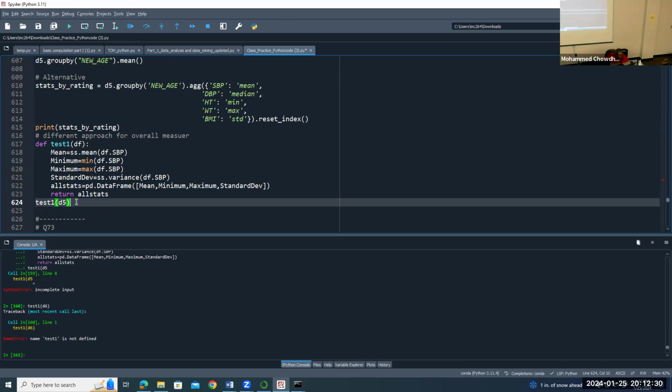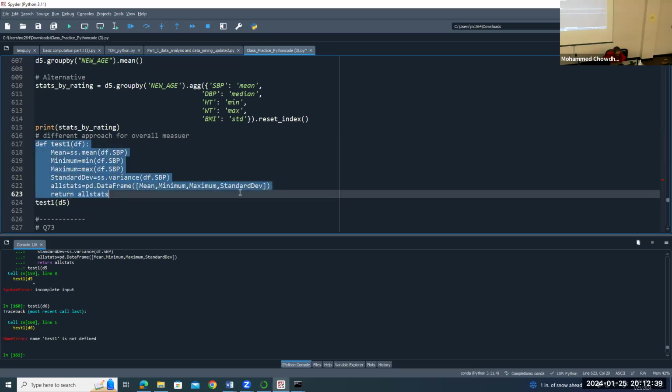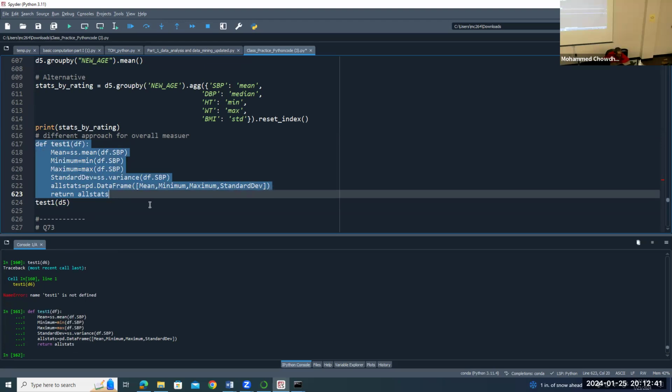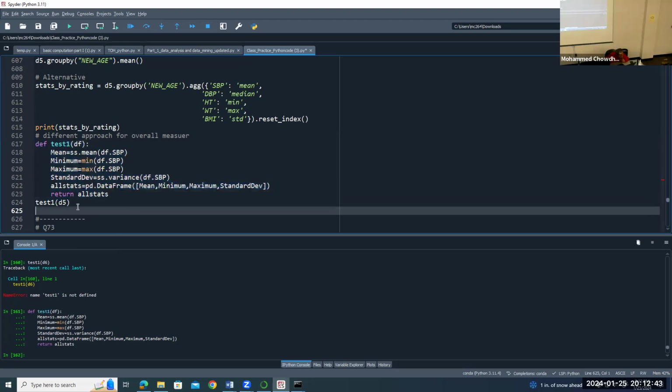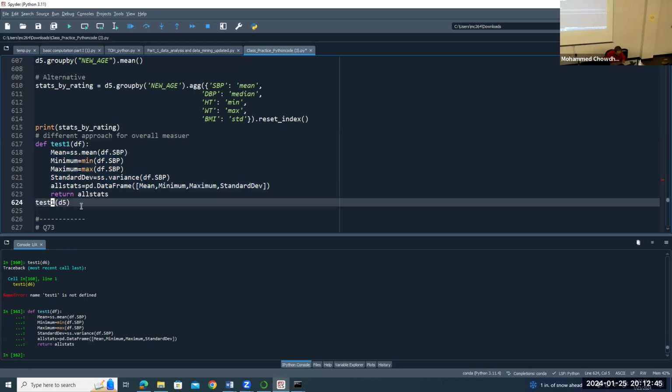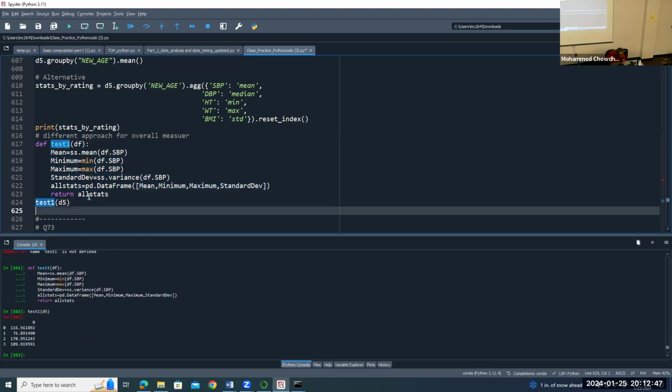Let me see whether I have to. Okay, let me first do these things. Let me see whether this one runs. This one runs perfect, right? So that means test one is running D5. If it is not running D5, okay.